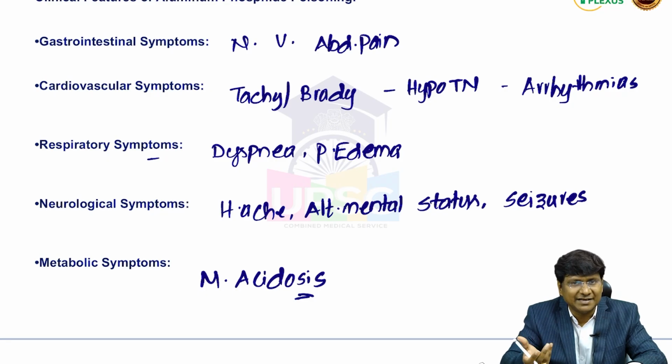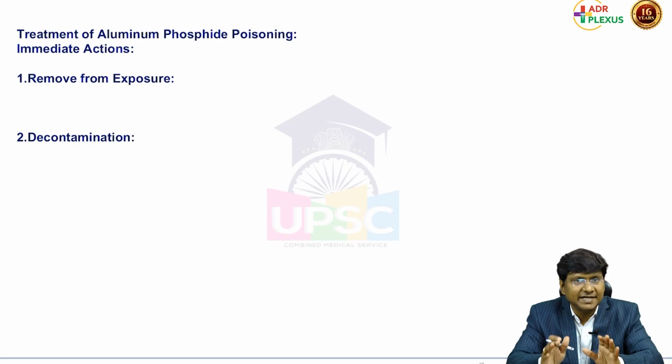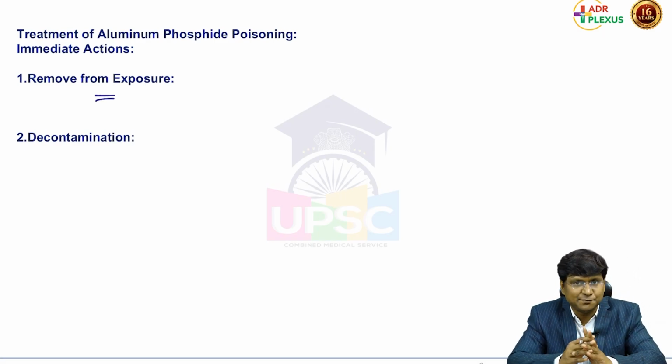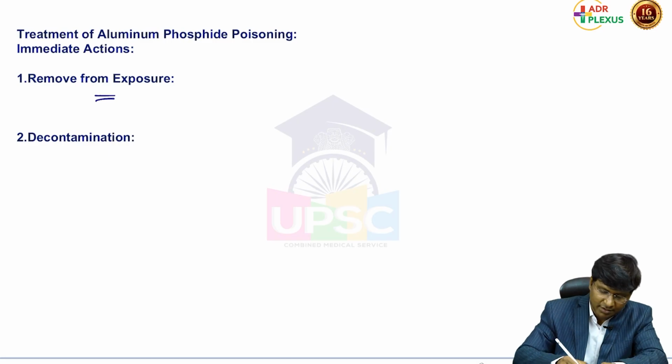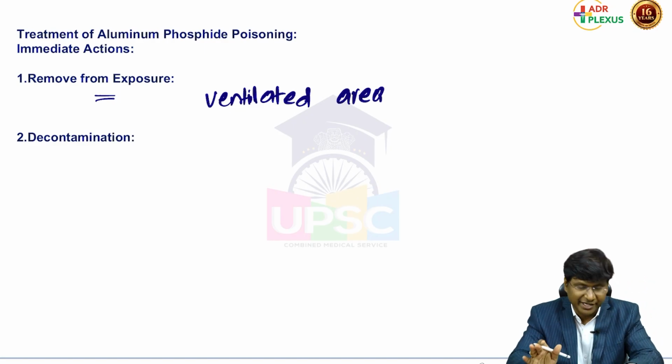Then how will you treat aluminium phosphide poisoning? The immediate action is you need to remove the individual from the exposure. Ensure the patient is moved to a well ventilated area or fresh air. Then you need to do decontamination.